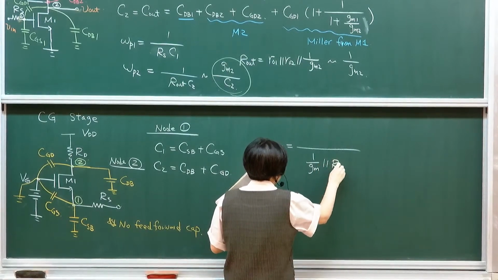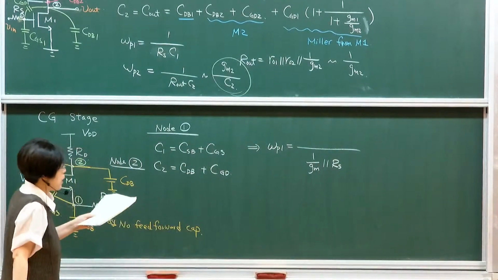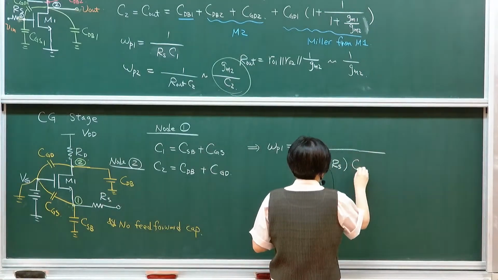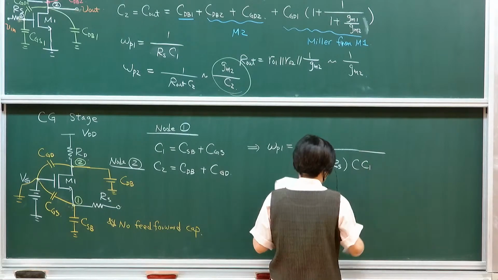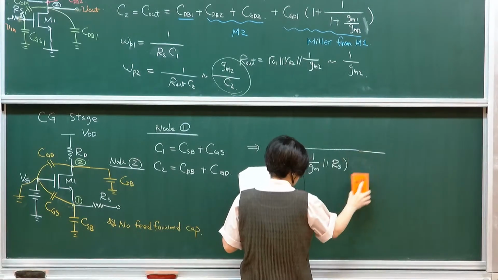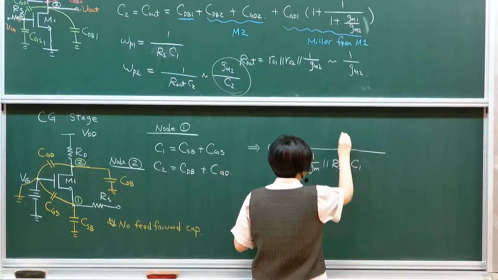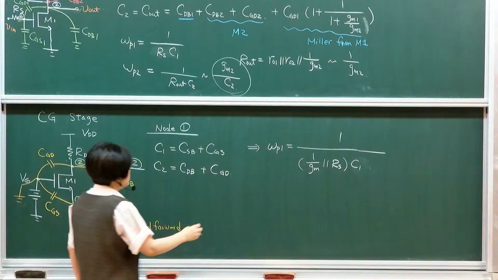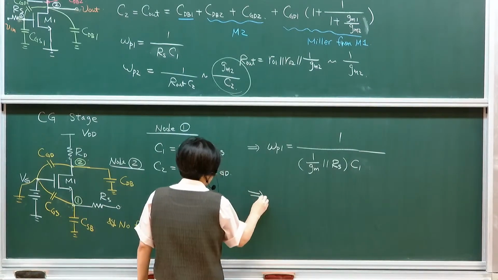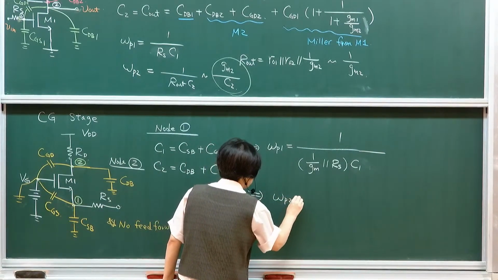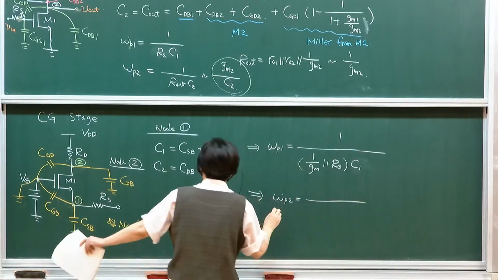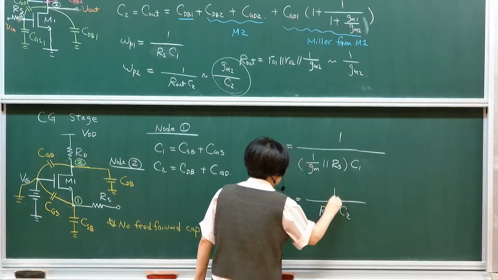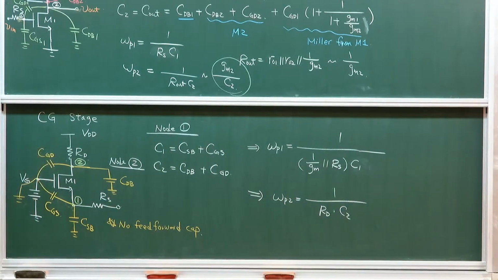In parallel with RS, because I have an RS, that's my input resistance times capacitance, so C1. We already know what C1 consists of. And then from node 2, you get omega P2, which will be mostly 1 over RD times C2. Okay?